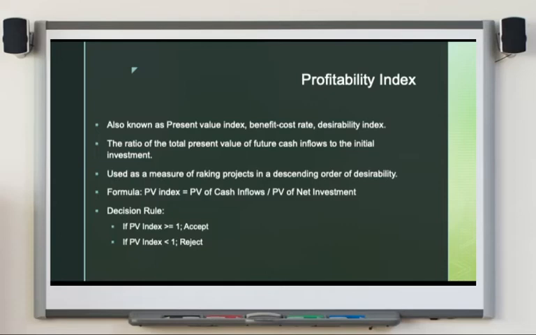So the decision rule is if present value index is greater than or equal to 1, we accept the project. If it is less than 1, then we reject the project. Again, the purpose of this one is for ranking purposes. Which proposal should we be accepting first over the other?